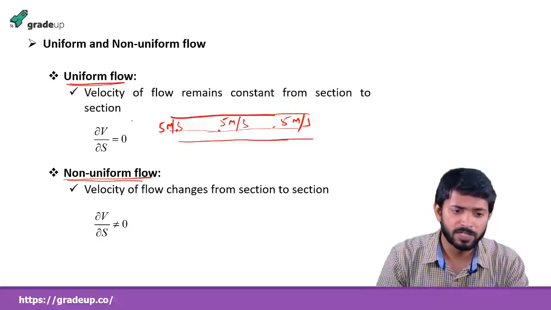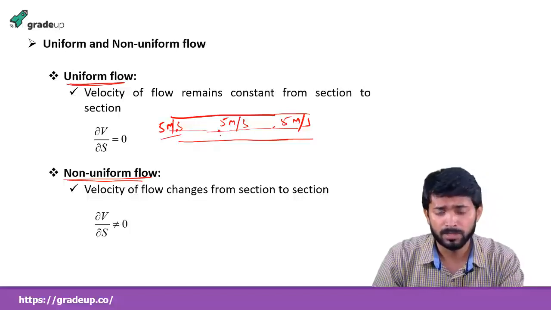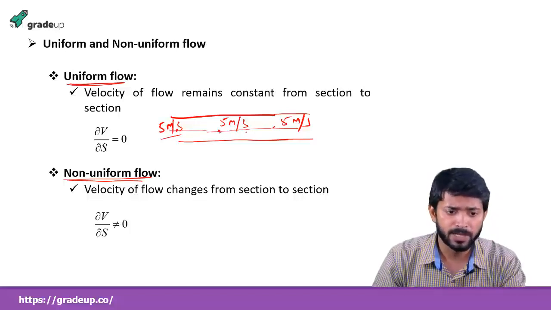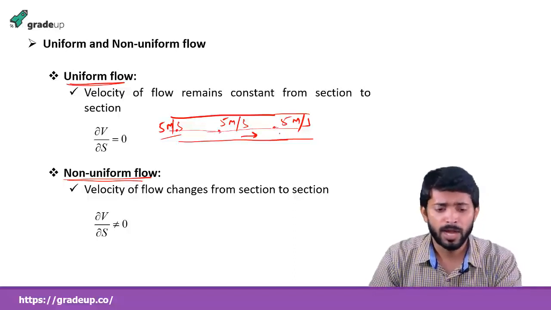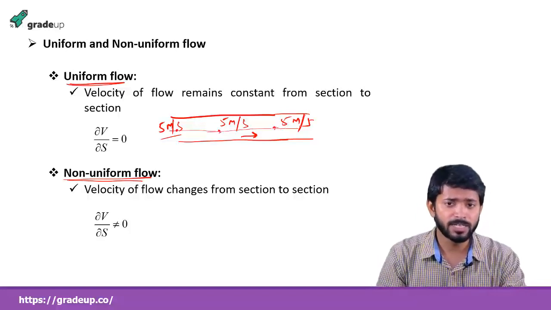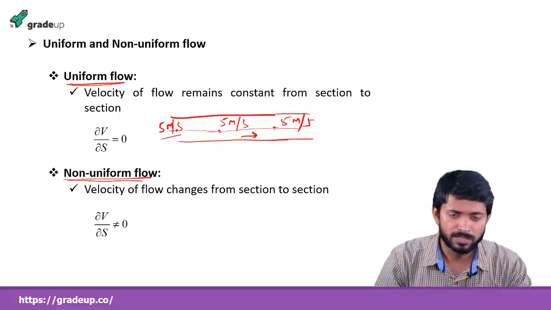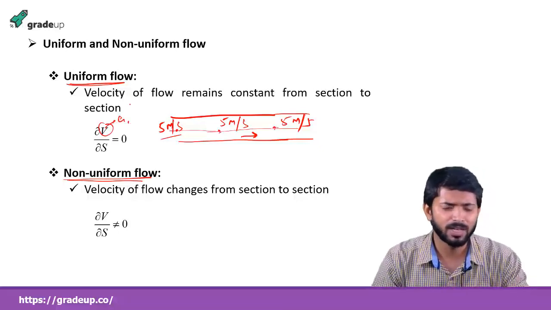At another location the velocity remains the same, 5 meter per second. So the velocity is not changing with respect to the space coordinates, and this type of flow is known as uniform. Here the properties can be velocity, acceleration, density, etc.